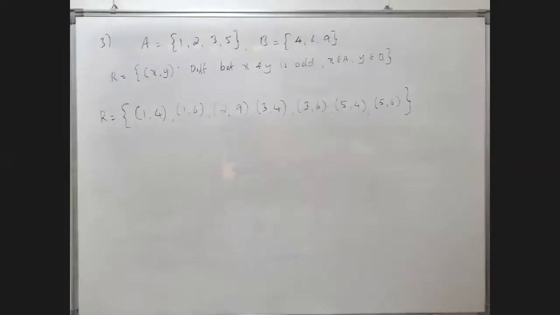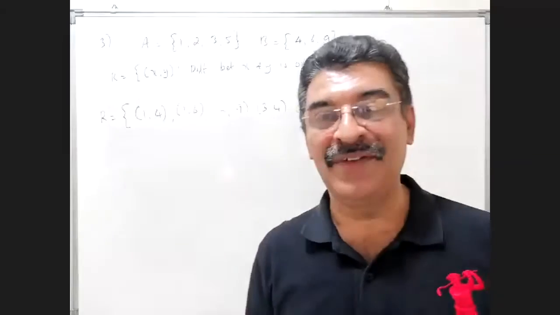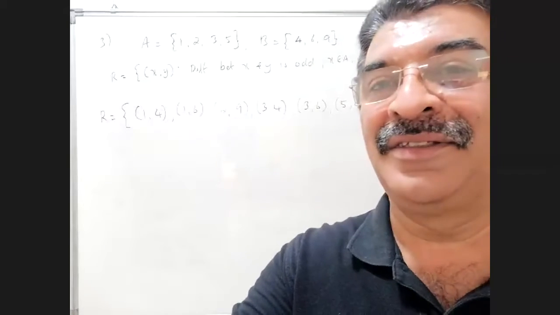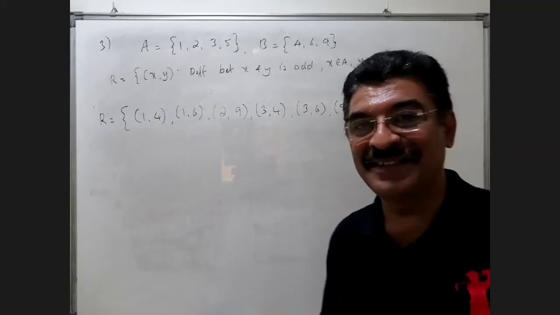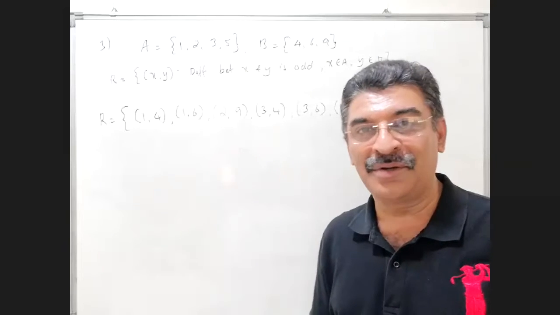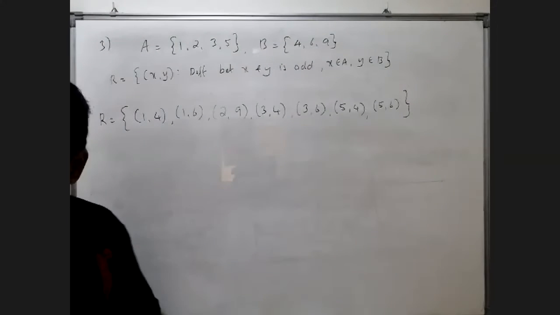If it is an odd number, we can take it. Think whether it is an odd number. One of you wrote that 9 minus 3 is odd. Now you got it. 9 minus 3 is 6. Is 6 an odd number? No, it's an even number. So that's it.